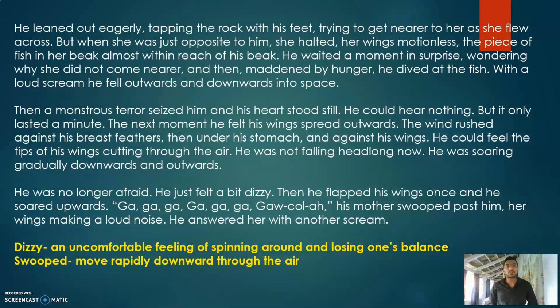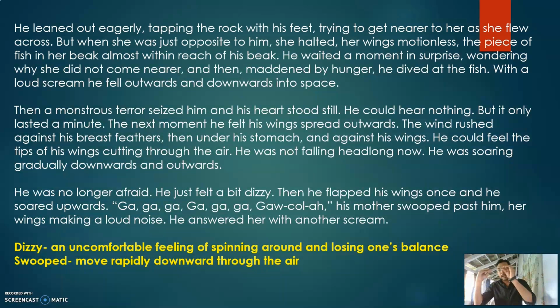But when she was just opposite to him, she halted. Halted means stopped. Her wings motionless, the piece of fish in her beak almost within reach of his beak. Now look here towards me at the screen. Suppose this is the seagull sitting on the cliff, and this is the mother who's approaching the seagull. So she came near to the seagull, but she's not making any contact with the seagull.